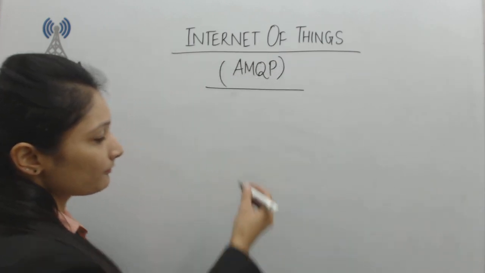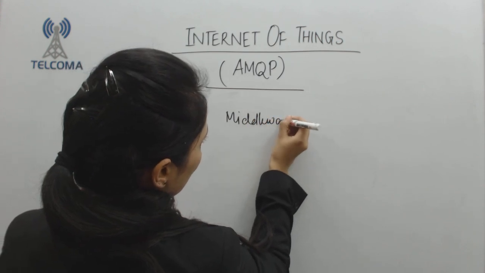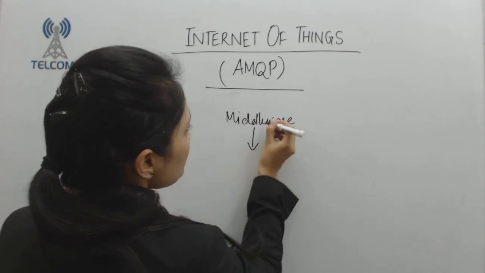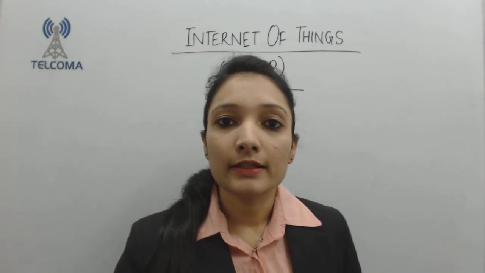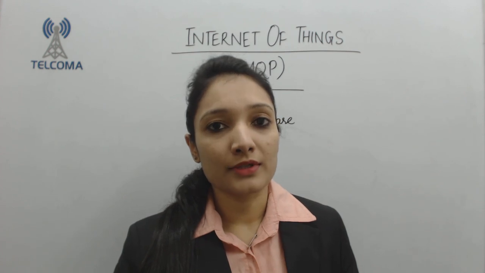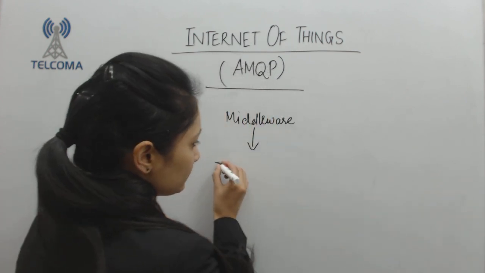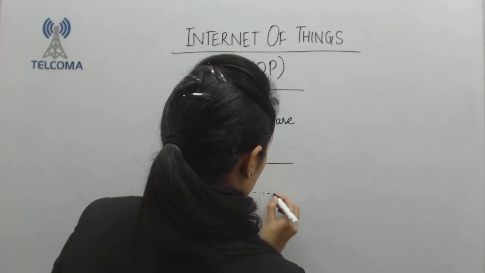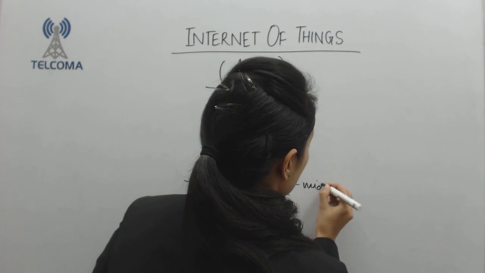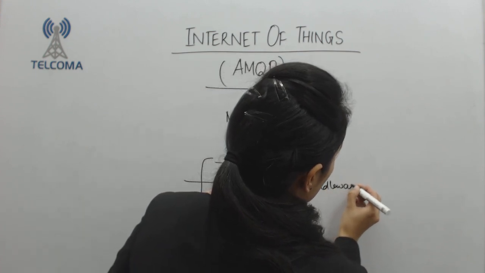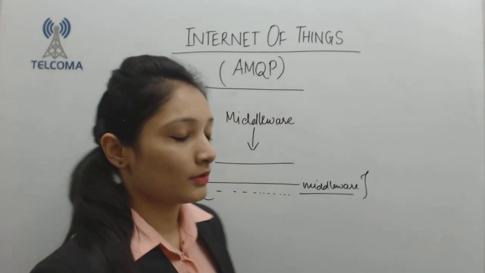If I have to define middleware, it can be regarded as software which connects all of the software components or the various enterprise components. That means if you have two different components of a system, this middleware will connect these two layers.